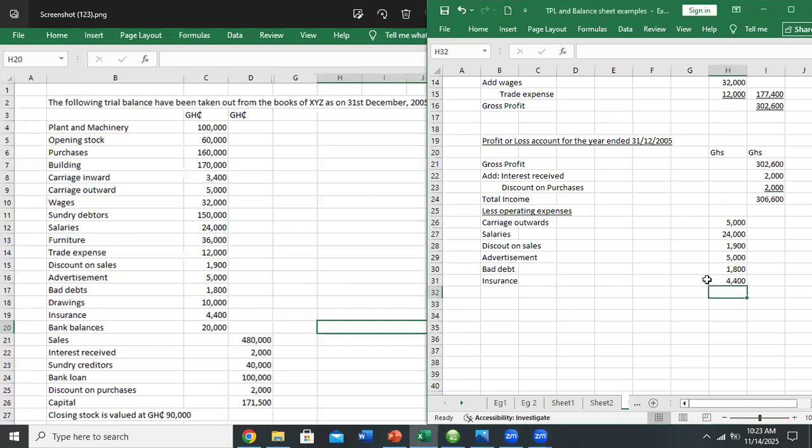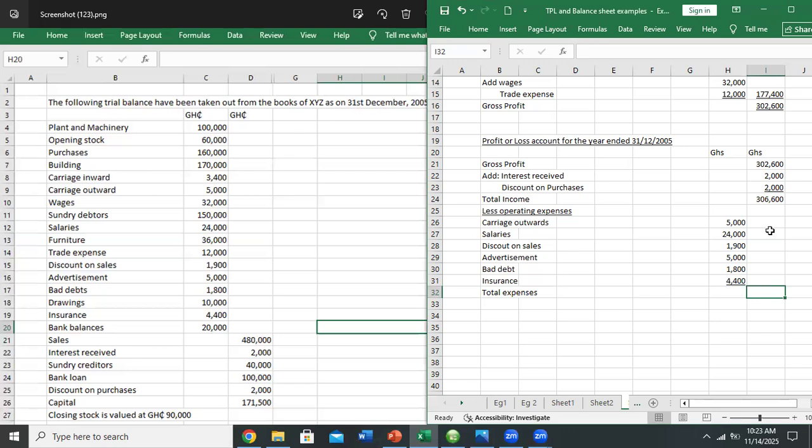You just sum them together and get the total expense, and you compare it with your total income. So total expenses. Those who have the calculator, how much are we getting for total expenses?